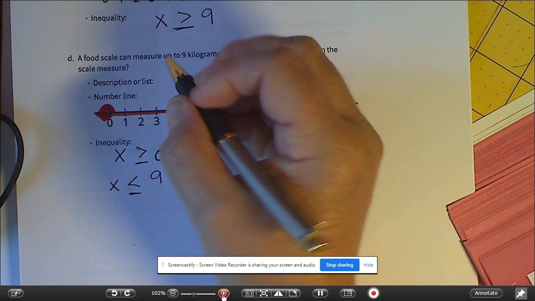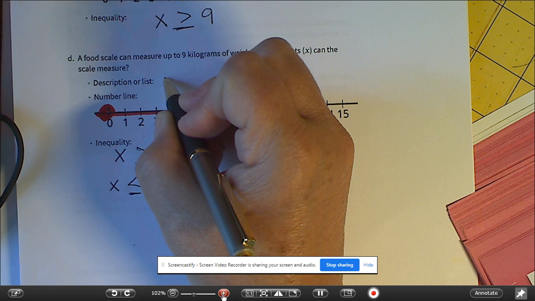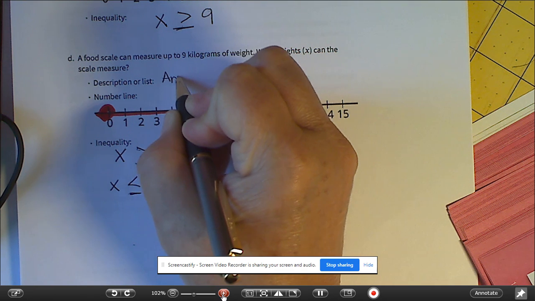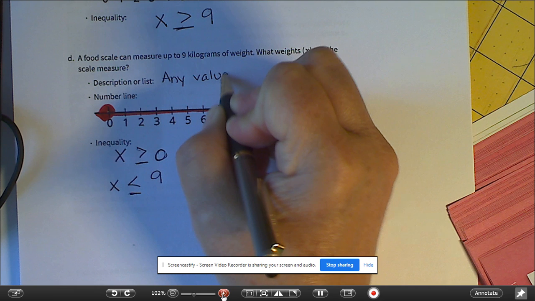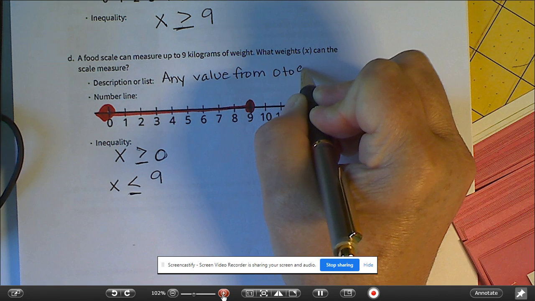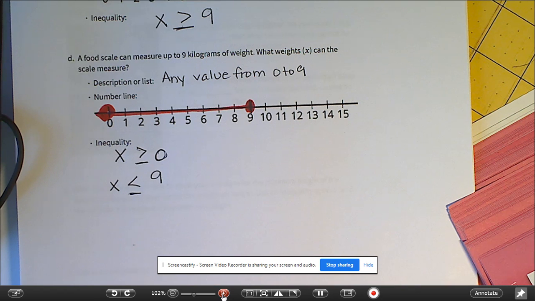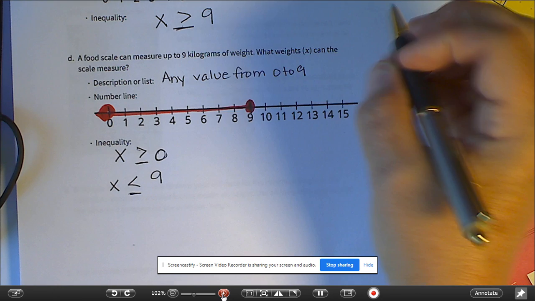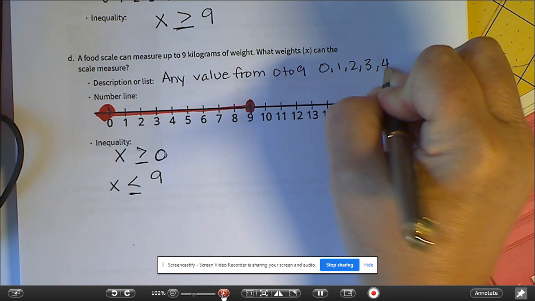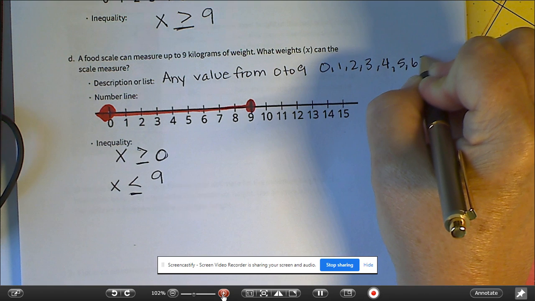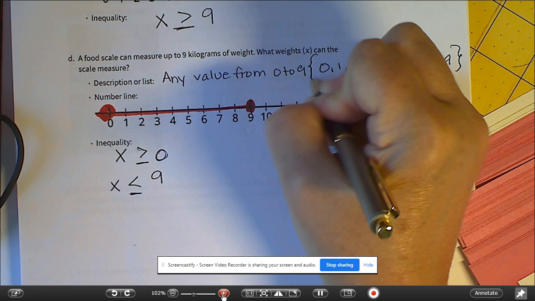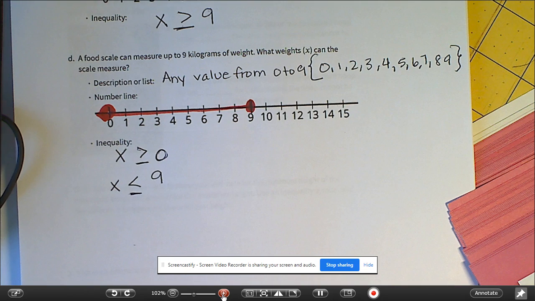And a description would be any value from 0 to 9. And a list would be 0, 1, 2, etc. Right? 1, 2, 3, 4, 5, 6, 7, 8, and 9. And we put it in brackets because it's a set.